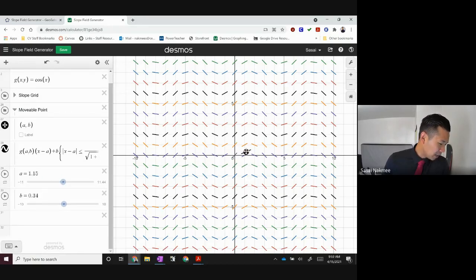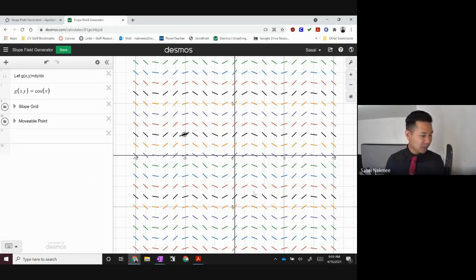So right here at this particular point, it should be 0, right? And then at this particular point, it's going to be negative, negative, 0, positive, positive, negative. It's kind of fun to play. You can see the slope as you move it around. I move it over here, move it over there, and it gives me all the values. Anyways, those are the slope field sites.